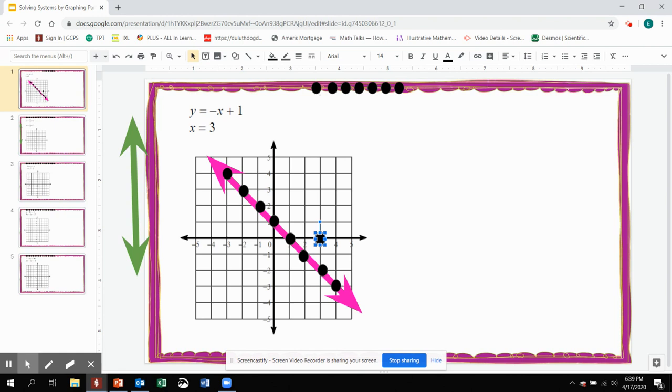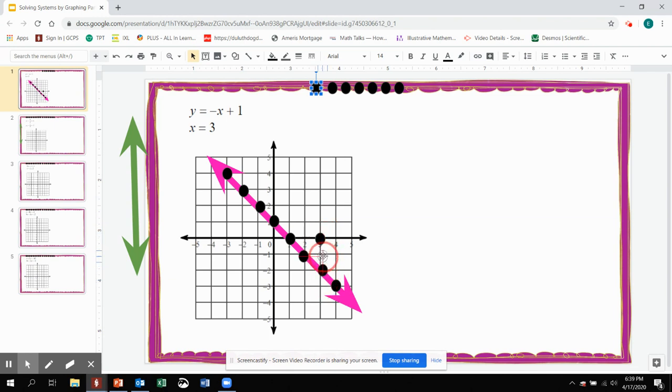Now to make a line, I have to have more points. I need to think about the fact that if I'm making a line and everything on the line is equal to 3 for its x value, that means the y values can change. If I'm changing my y values, that means I'm moving up or down.